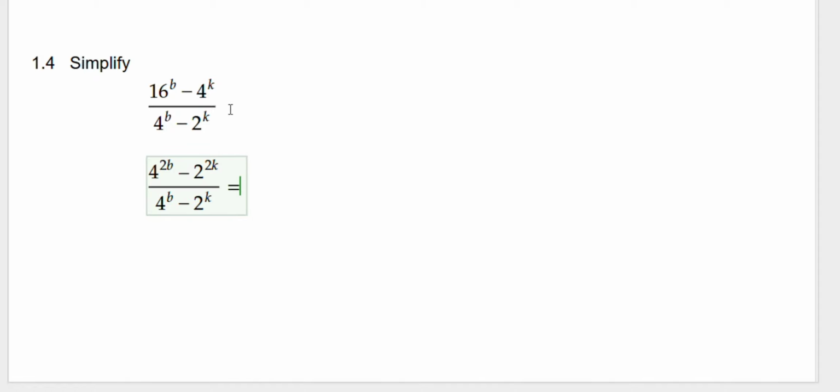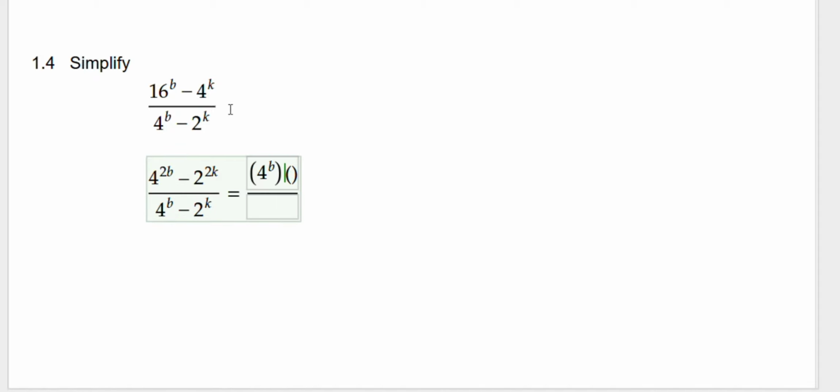You need to know something: the numerator is in the form of a perfect square, so we can represent the numerator like this. First, 4 to the power b times 4 to the power b. Since the base is the same, we need to add the exponents, which goes back to 4 to the power 2b.